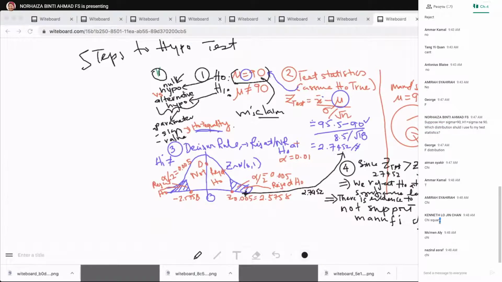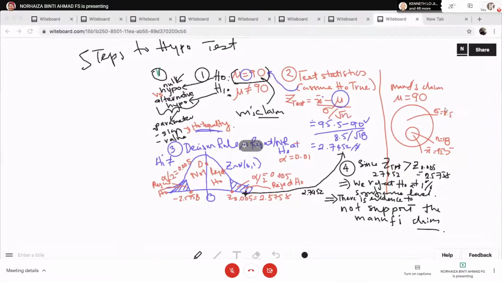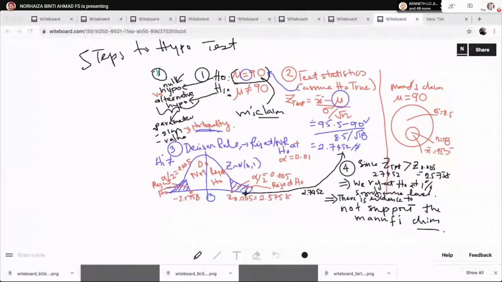Okay, another test. Suppose I want to test pi equals to 0.9 and pi not equals to 0.9, which distribution should I use for my test statistics?